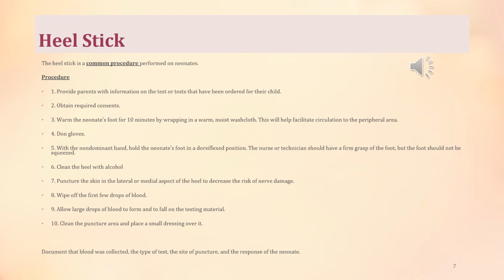Honestly, the thing that does the best, if you know you've got to get even say a CBC and a BMP out of a baby's foot, is to put that foot warmer on, and then even sometimes put a regular diaper on top of that and kind of wrap it up and let that foot get nice and warm before you get ready to do your stick.